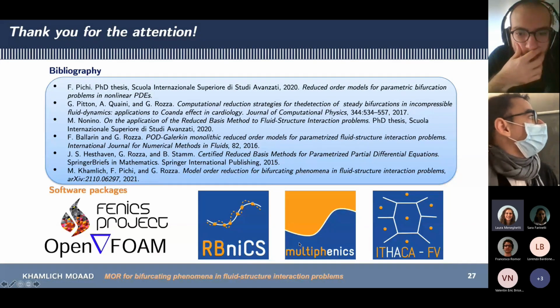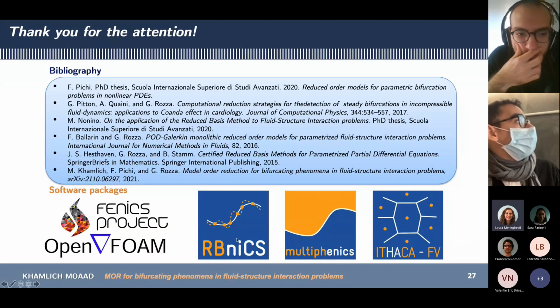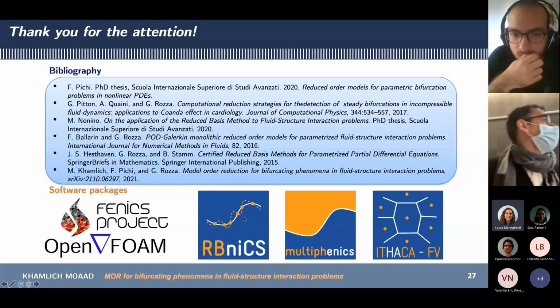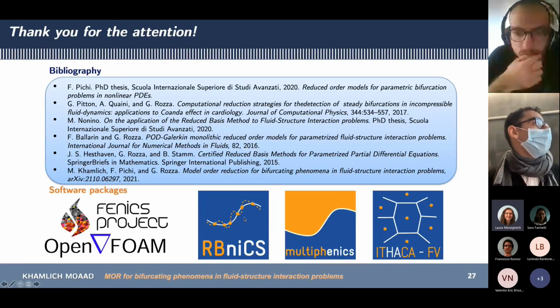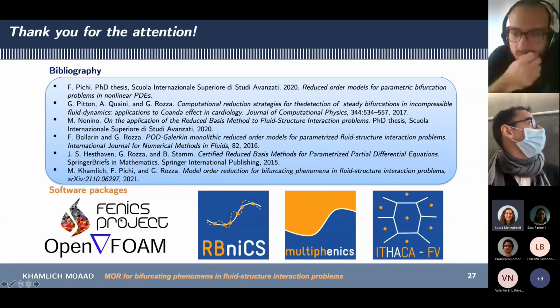In particular, we have used ITHACA-FV for what concerns the model reduction, which is an interface built upon the FEniCS project, and multiphenics, which helps the definition of multi-physics problems, and it's also an interface to the FEniCS library.